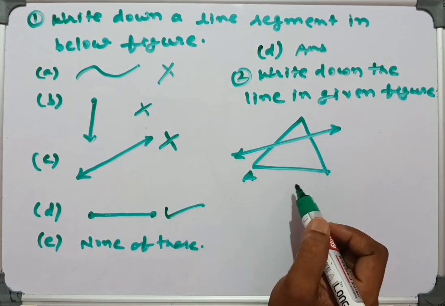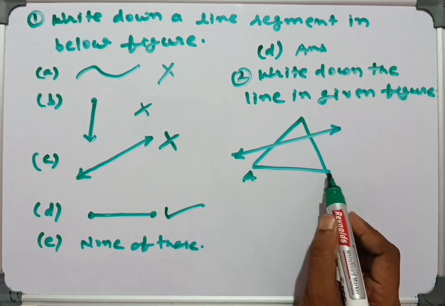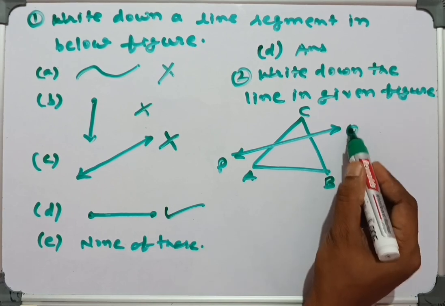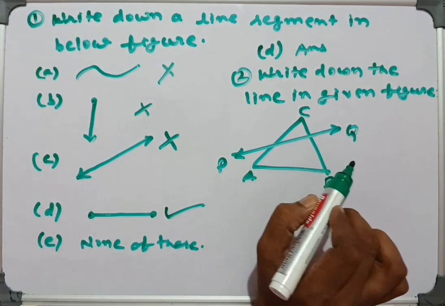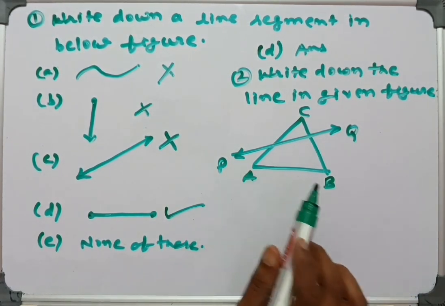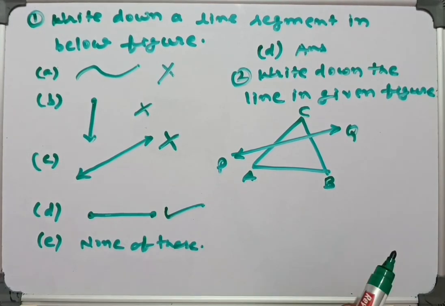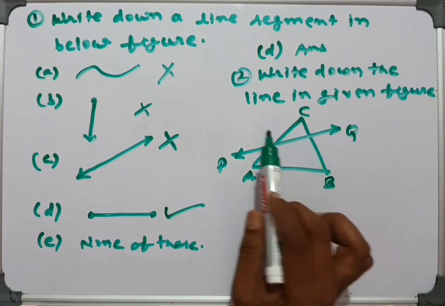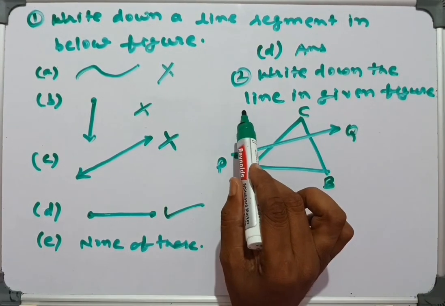See, here is a triangle whose vertices are A, B and C, and here also a line PQR is given. So now the question is, write down the line in the given figure.